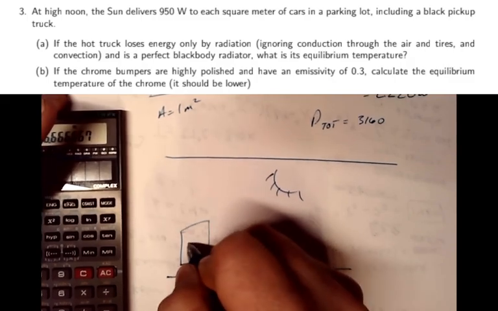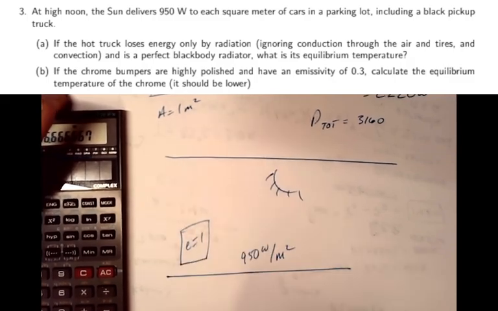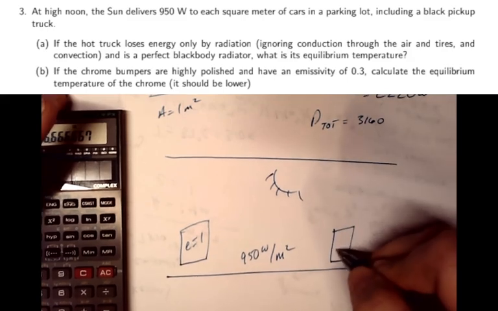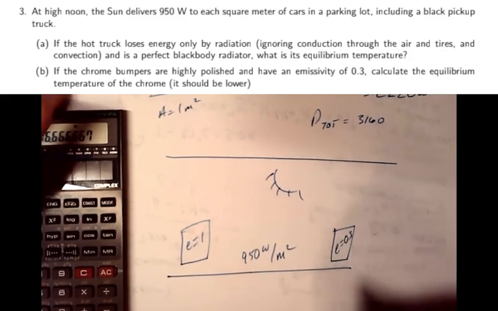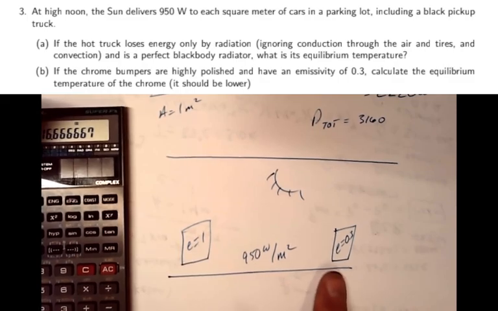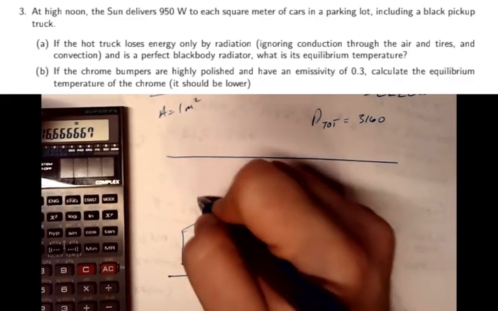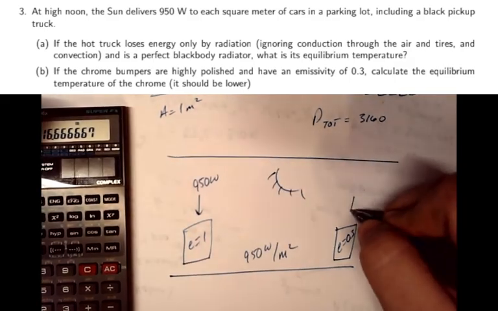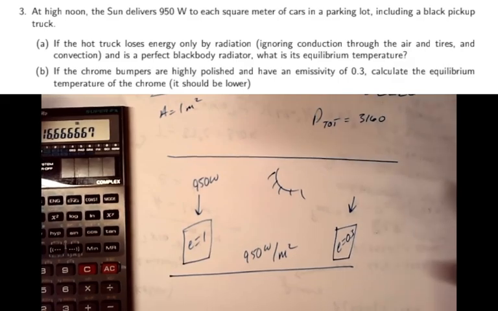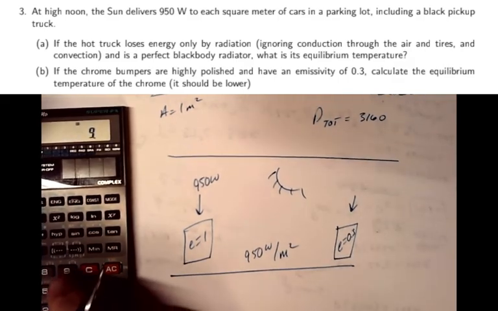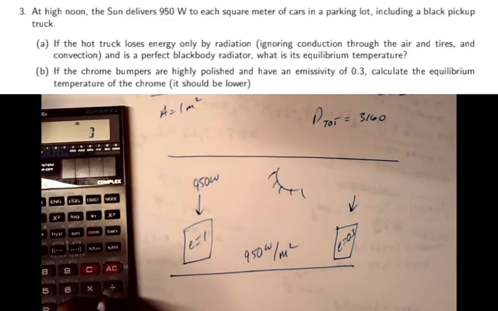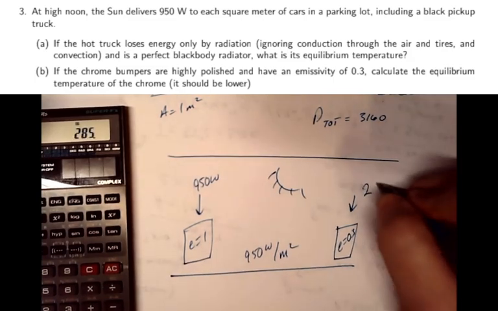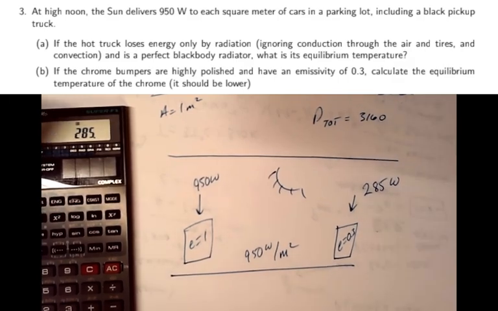This thing, E equals 1. This other thing, E equals 0.3. And so if you consider that, what gets into this one is 950. What gets into this one is 0.3 times 950, which is 285 watts. That's when the temperature's lower.